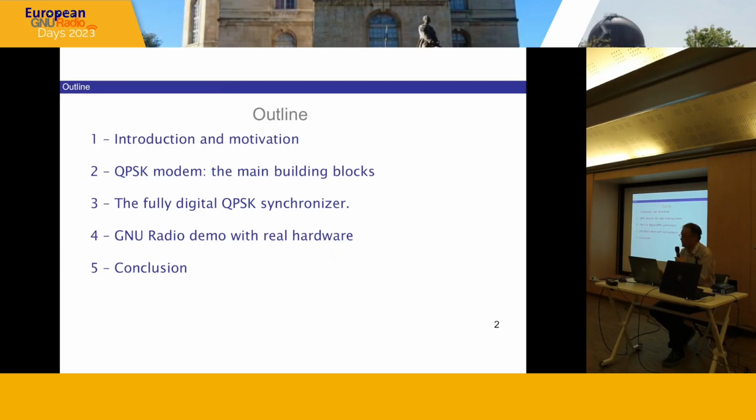Then I'll show a fully digital QPSK synchronizer, and then I expect that everything is going to work with the Pluto this time. So I'll show the result on the radio going on RF. And then I'll finish with a conclusion.